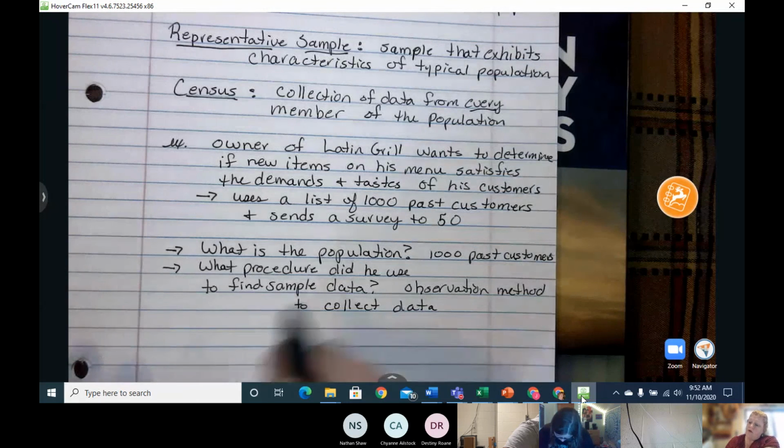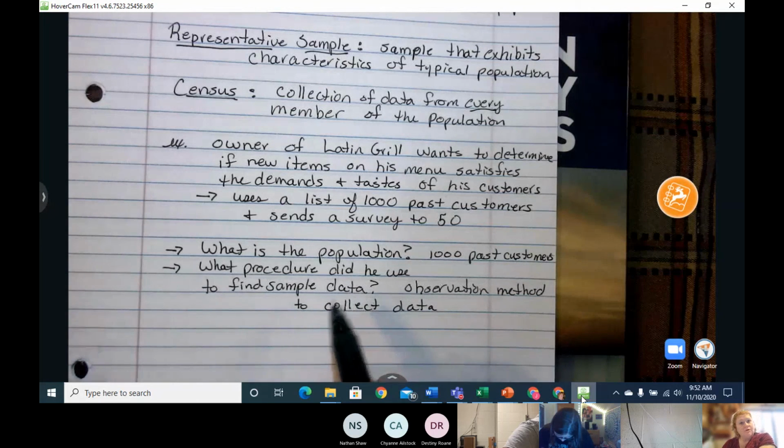We don't have enough information to determine what type of random sampling he used to pick those 50 people.